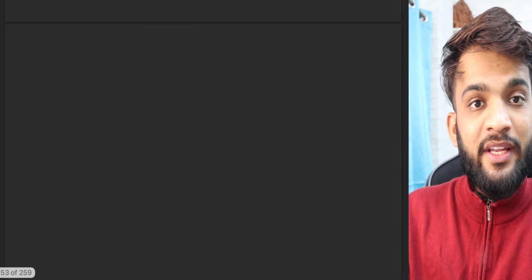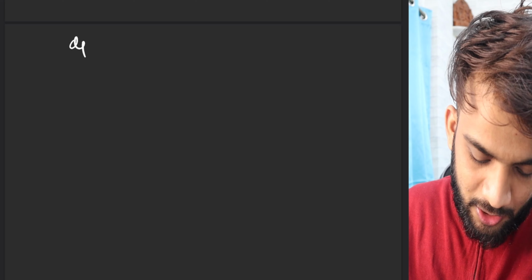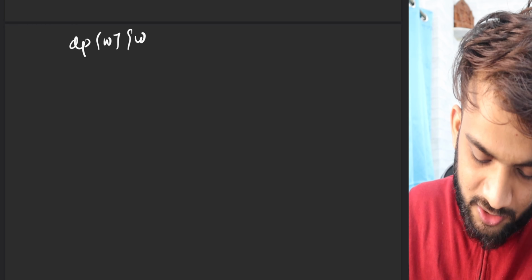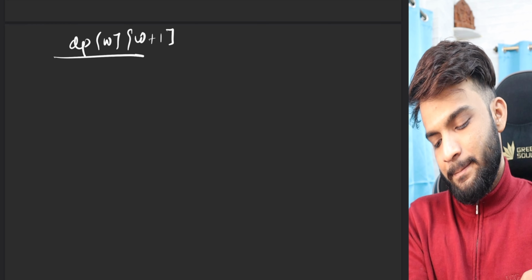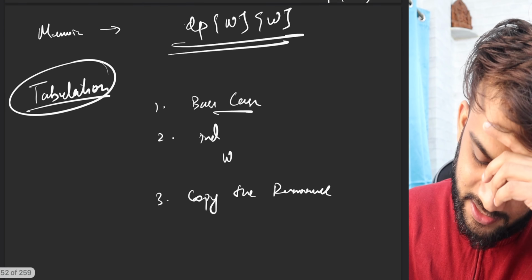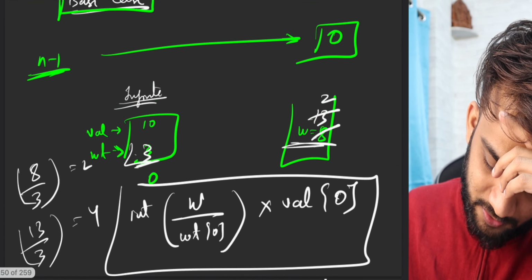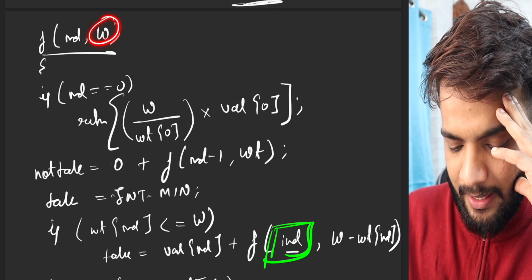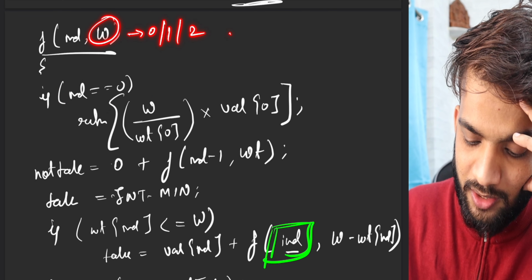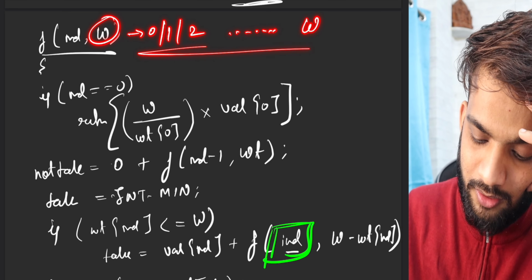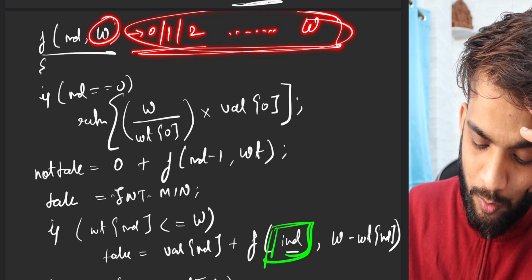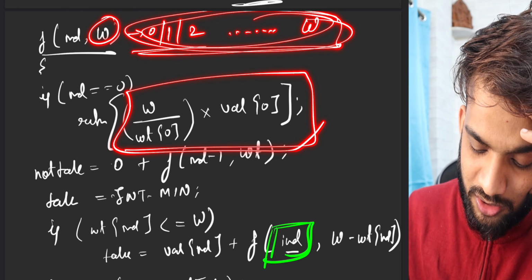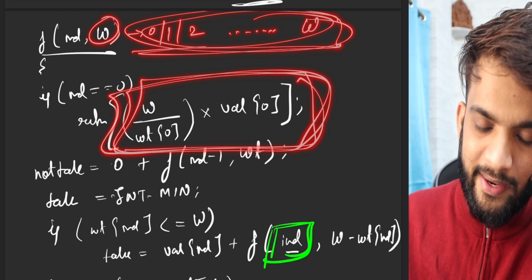So let's write the base case. Initially what you do is you declare the dp of n and w plus 1. That's very obvious. And what's the first thing? Write the base case. What's the base case? For index 0, w can be anything. It can be 0, it can be 1, it can be 2 till the baggage weight. It can be anything. So for every one, this is what it stores. Let's write it.